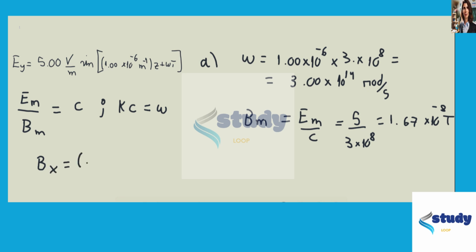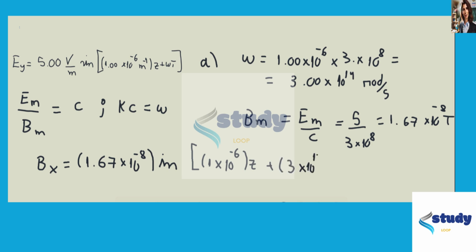So this is the only component that we have. With this amplitude, the sine wave will be exactly the same: 1 times 10 to the minus 6 z plus omega t, and omega we now know is 3 times 10 to the 14.